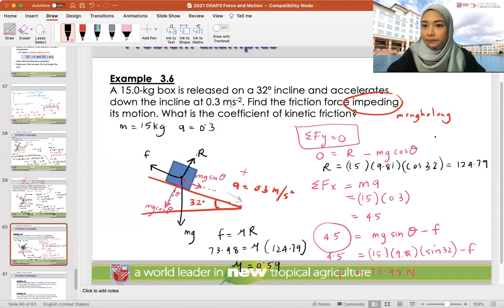Same? Okay, 0.59. Thank you. So you get your mu as 0.59, which makes sense because our mu is usually below 1. If it is more than 1, it is really rough. Usually our mu is below 1, logically. Okay. So that is how you use the condition when it is non-equilibrium.